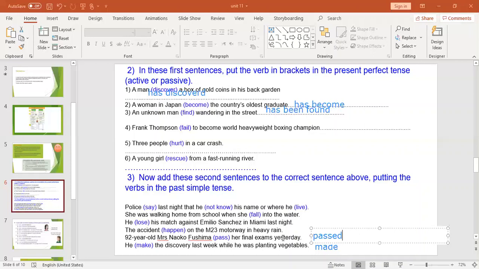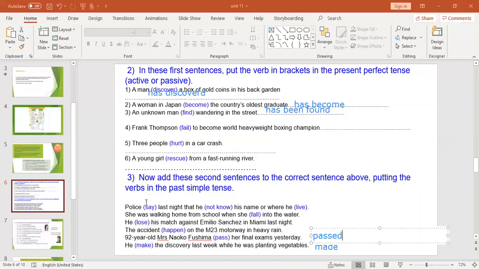Now with the third example here, an unknown man has been found wandering in the street. Who is expected to find people like this, or who are concerned about finding the unknown people? The police.